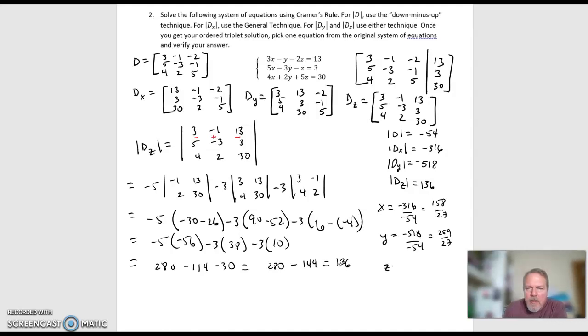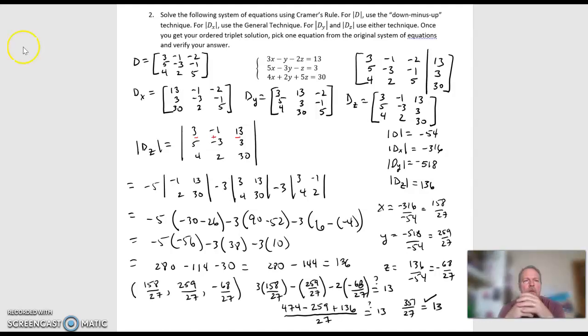And Z equals 136 over a negative 54, which turns out to be a negative 68 over 27. So I'm going to hit pause, write it as an ordered triplet, and show you the check with the last 6 seconds. Here's the ordered triplet, and I use the first equation to verify.